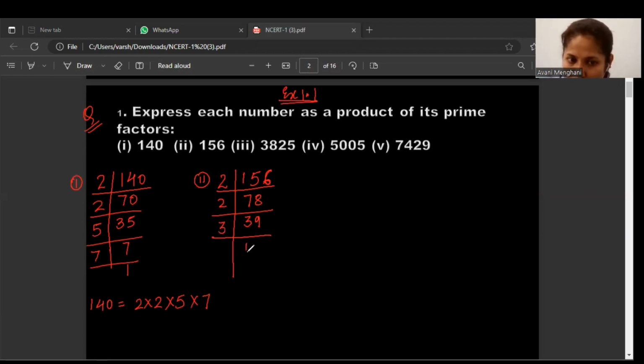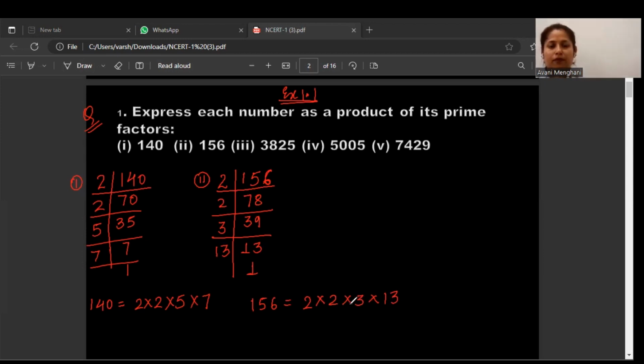So when you divide 39 by 3, it will give you 13. 13 is a prime number. So 13 divided by 13 is 1. That means 156 as a product of its prime factors is written as 2 times 2 times 3 times 13. Okay. Now let's do question 3.